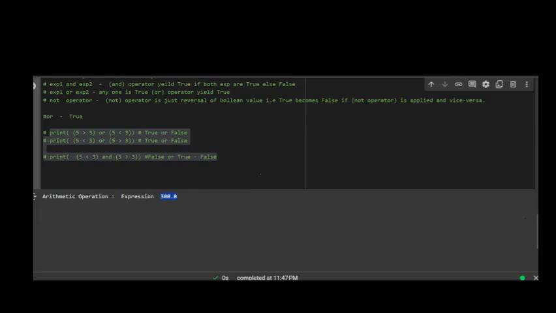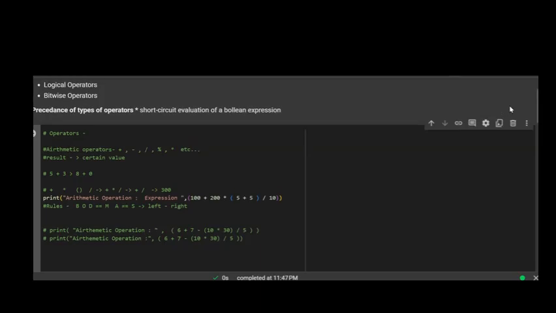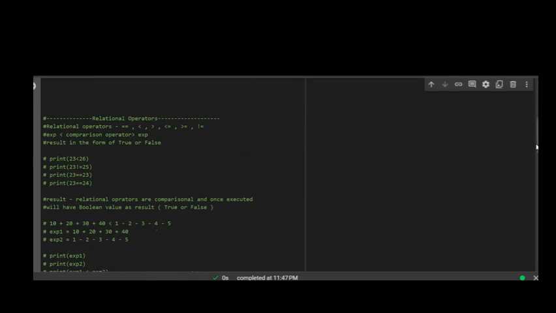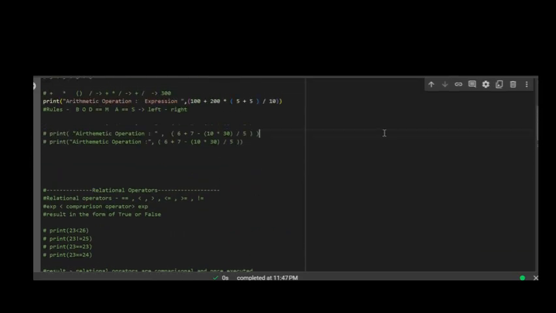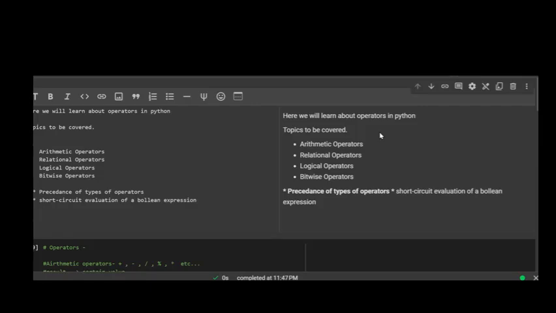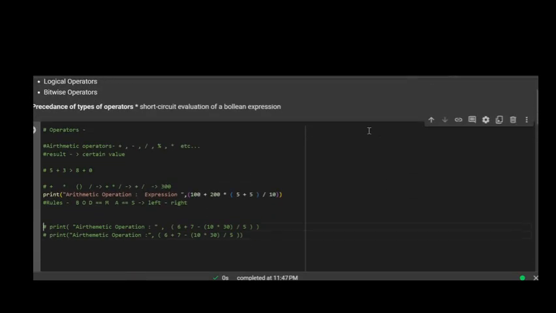So what we learn is that in arithmetic operations, we have to see the BODMAS rule, and then see whether something is equal in BODMAS itself.